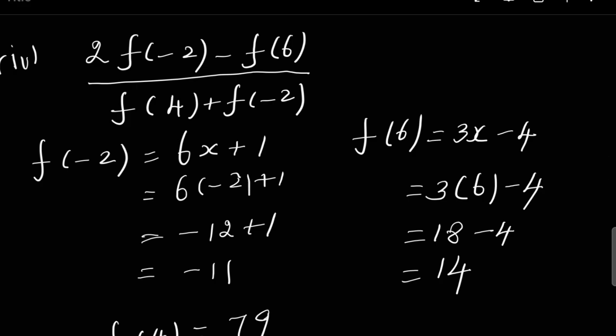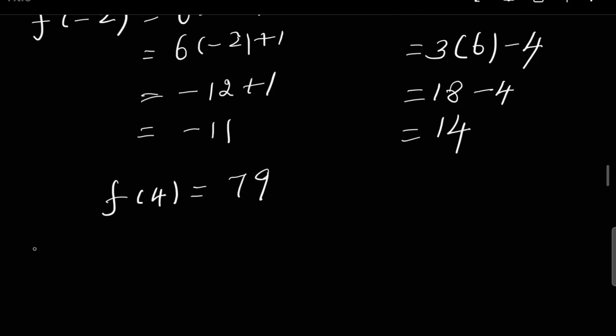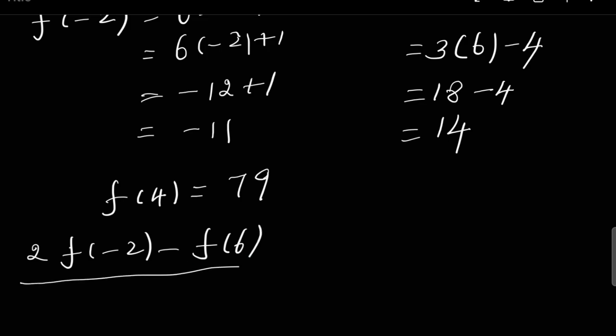Just now we have got f of minus 2 as minus 11. So now you apply this in the sum: 2 into f of minus 2 minus f of 6, divided by f of 4 plus f of minus 2.